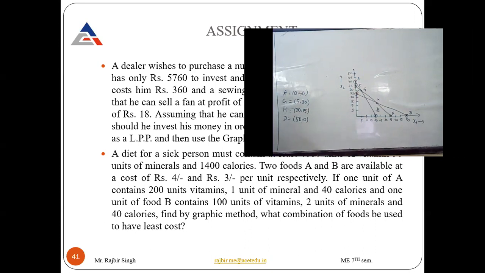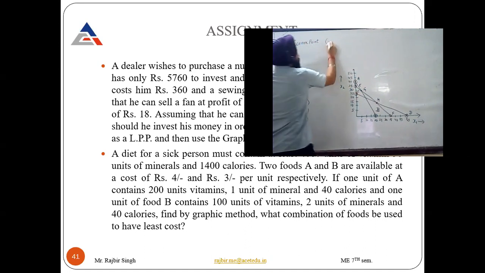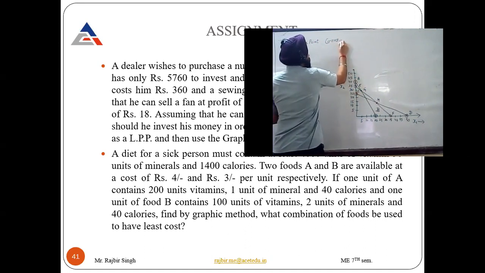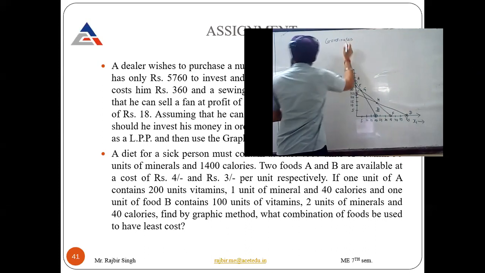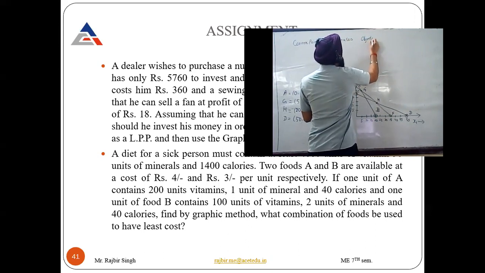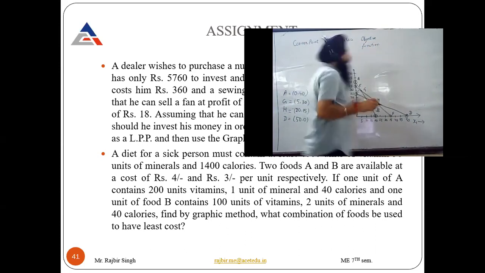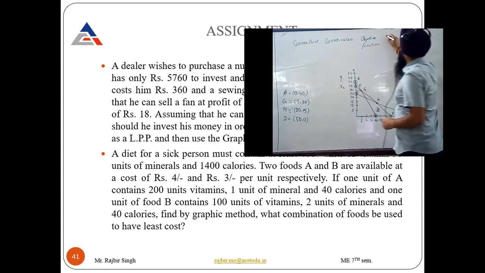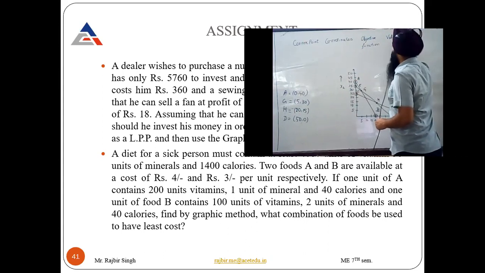Now we have to find the minimum value. So first of all, we have to draw a table. In the first column, write down the corner point. Then there will be the coordinates of the point. Then we have the objective function, that is Z. Here it is cost. We have to minimize the cost. In the third column, we write the objective function, and in the last column there will be the value.